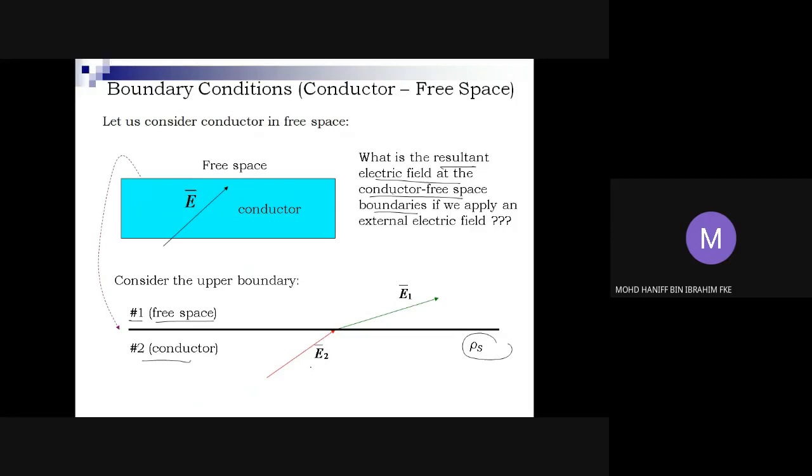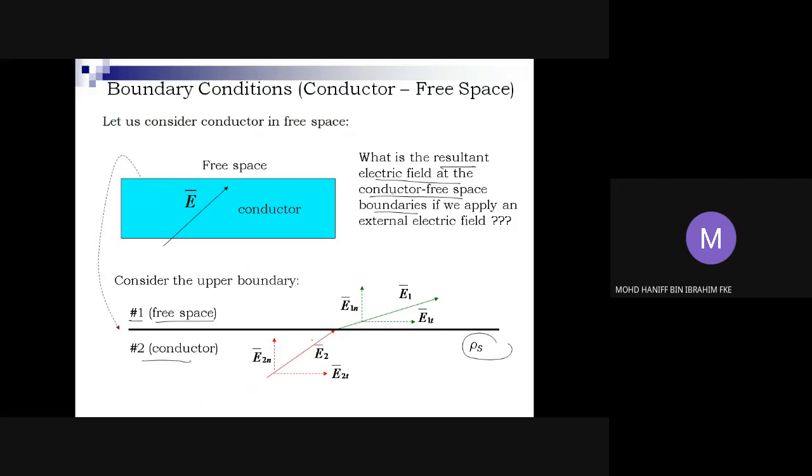To find the relationship between E1 and E2, we have to separate both E1 and E2 into their respective normal and tangential components of the electric field. That's why we have this separation of both E1 and E2. E1 is separated into the normal component E1n and E1t, the tangential component of the electric field.